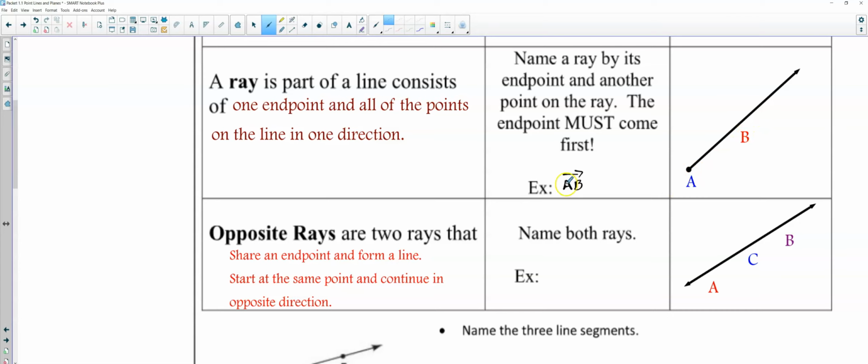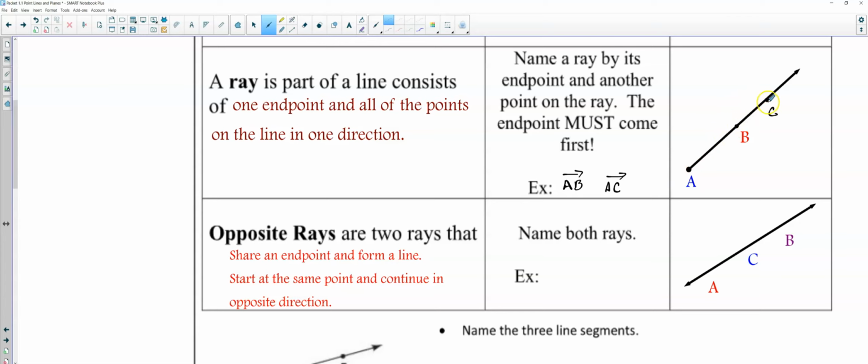A ray has one endpoint, and the endpoint is where the ray begins, and then it goes through B and keeps going that way. If it had another point, let's say this point right here, and we name it C, ray AC would be the same as ray AB. It would be the exact same, okay?